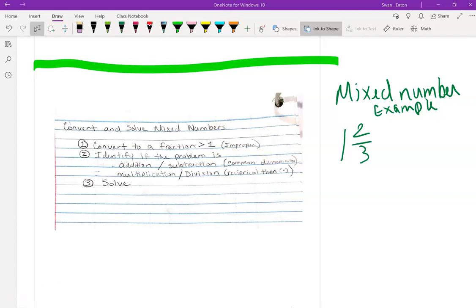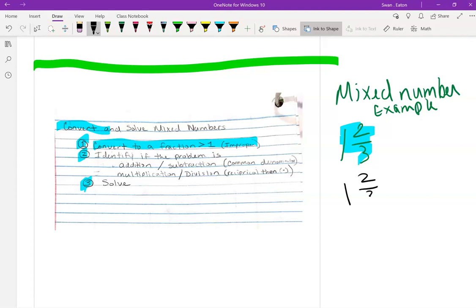So now we need to follow these steps right here on the left to convert this to a fraction greater than 1, excuse me. So we will do that. How do we make this an improper fraction? Well, you're going to do 1 times the denominator, so you take the whole number and you times it by the denominator, which is 3.